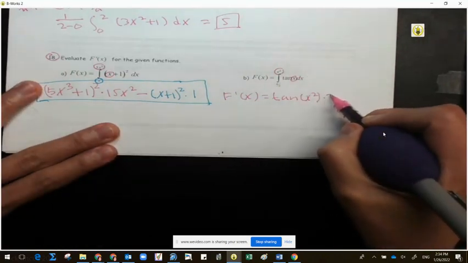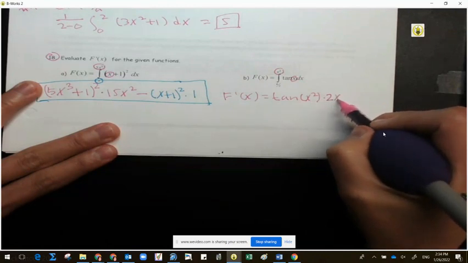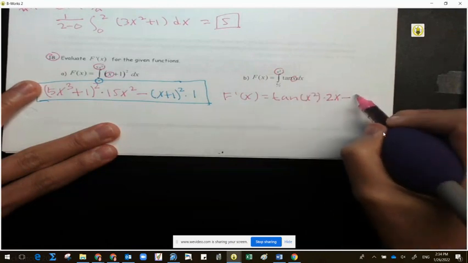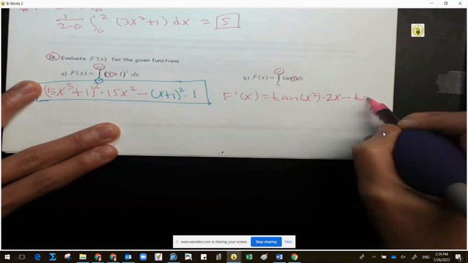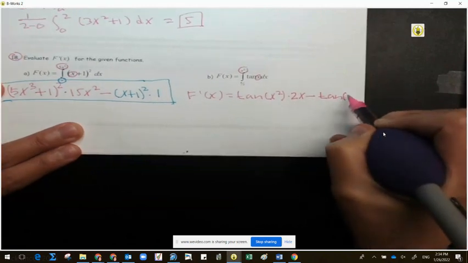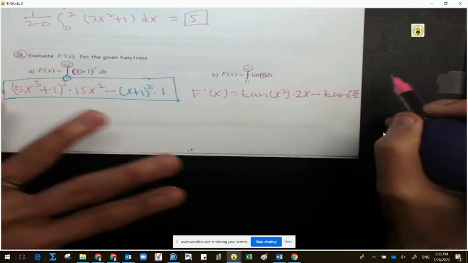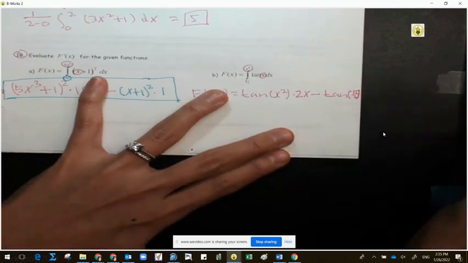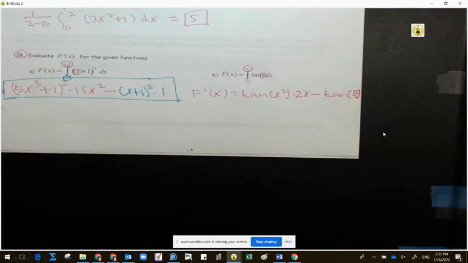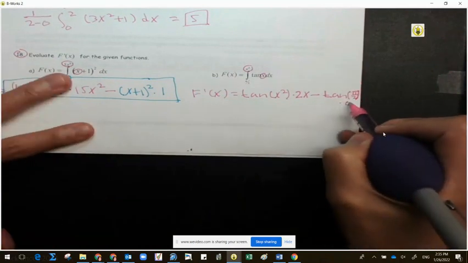That is 2x, minus my lower bound, and of course I can't fit this, huh? How convenient. Pi over 2. Oh no. What is the derivative of pi over 2 if it's not a variable? 0. It is times 0.